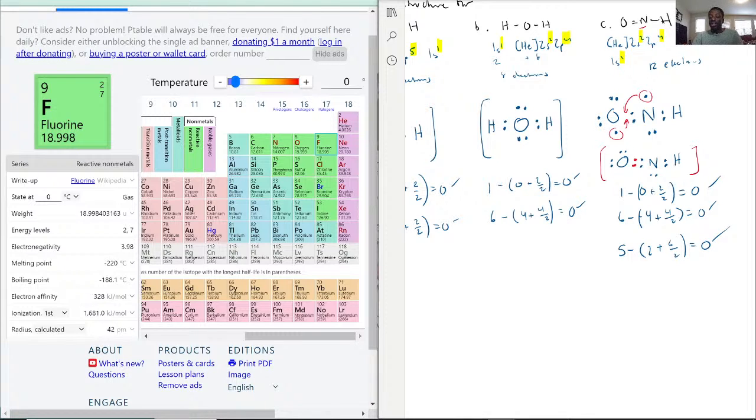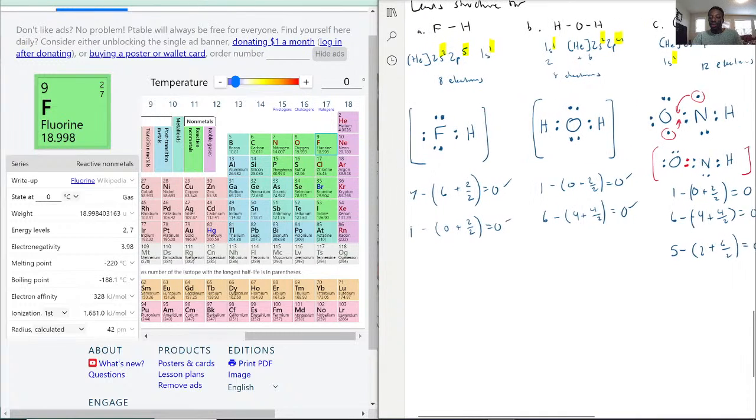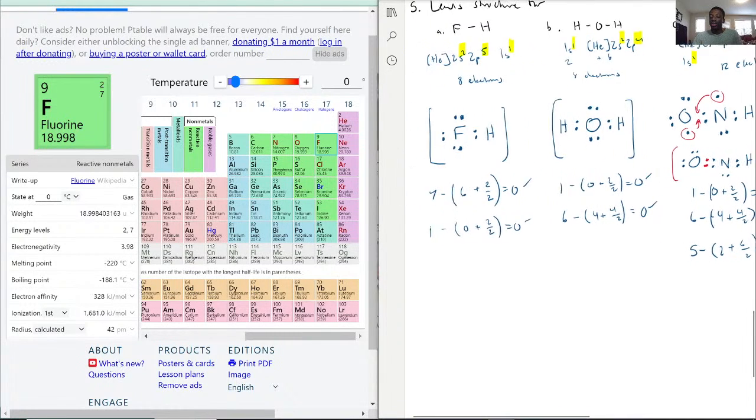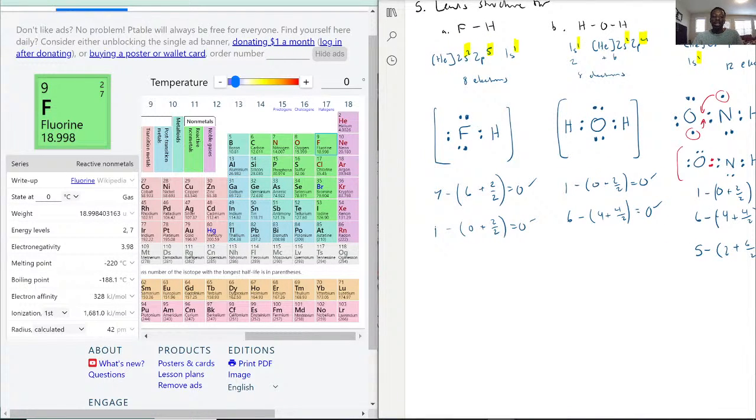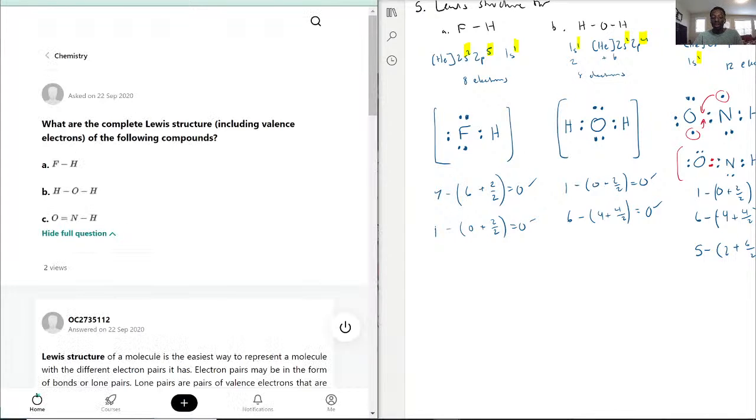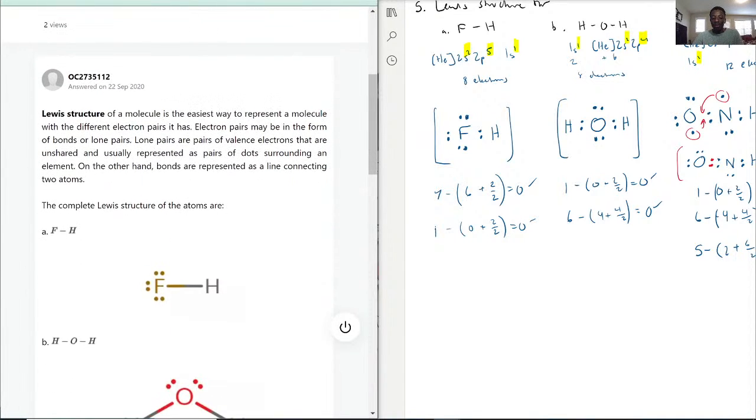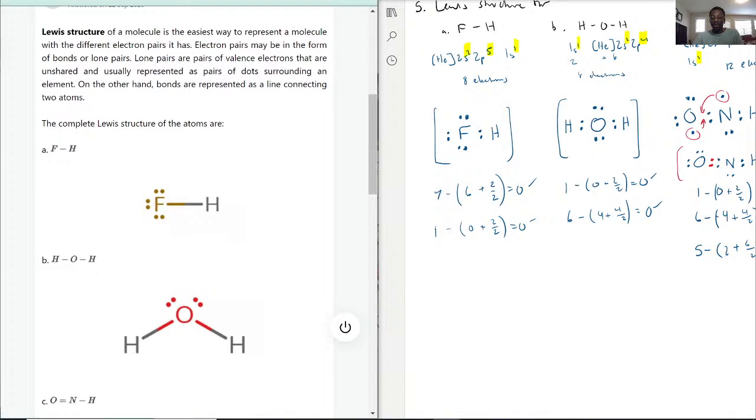So now we'll be able to see that these are all the Lewis structures with their theoretical charges. All of them are 0 because there's no positive or negative charge, because overall we have a neutral molecule for each one. And there you go. We have the Lewis structure. I like to draw my bonds even as just the electron dots, so that's why it looks a little bit different.